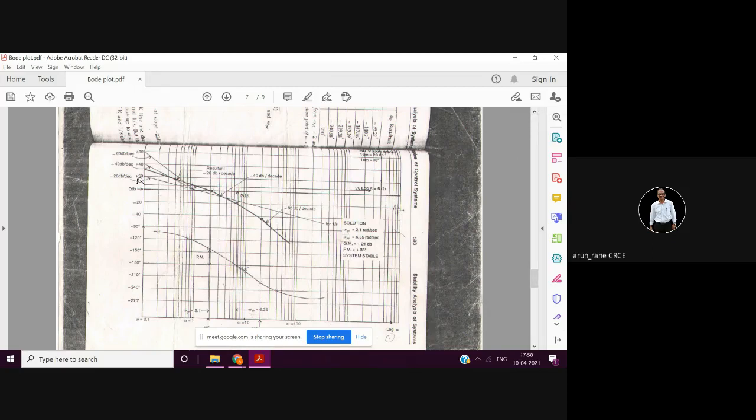We will draw lines of 40 decibel and 60 decibel slope like the 20 line. Now you have drawn this. You have to extend it and see where it cuts. Let us say it cuts here.